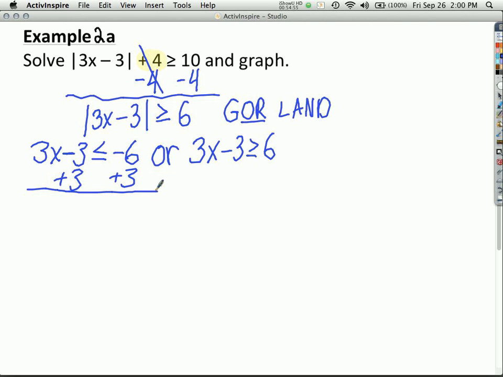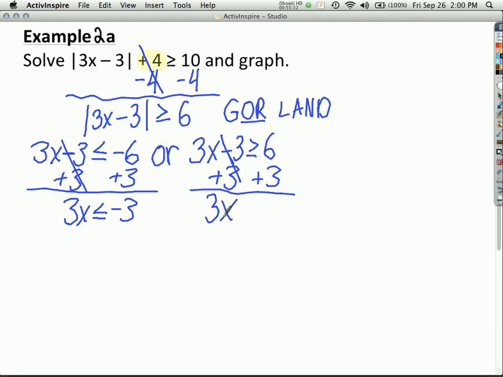Add 3 to both sides. Add 3 to both sides on this one. This cancels out. And we're left with the 3x is less than or equal to negative 3. And here we do the same process but get a different result. We get 3x is greater than or equal to 9.